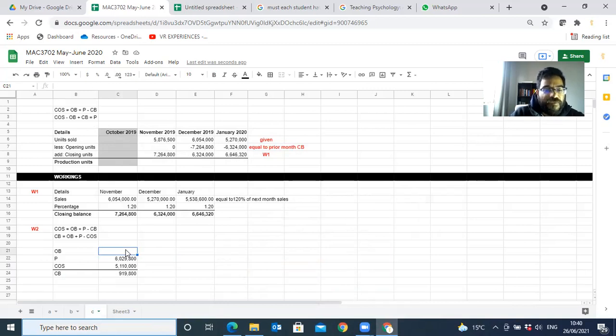September's closing balance would have been 120% of October's sales. Okay, so we're going to say October's sales, which is 510123 times 1.2. So that's the answer we get over there.